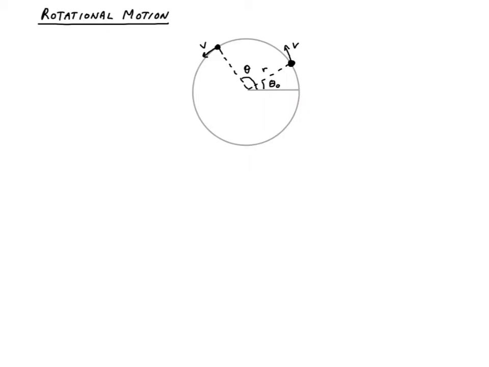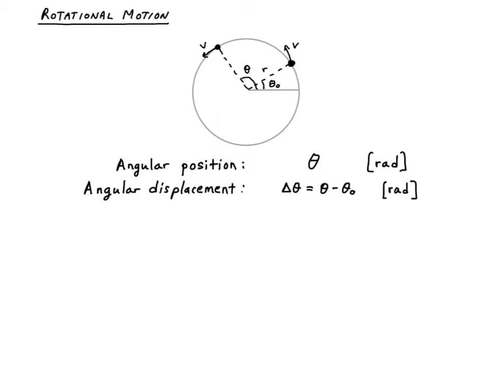For position, we have theta, which is measured in radians, and if the particle goes around in a full circle, then theta is 2 pi. For displacement, we would have delta theta, which equals theta minus theta naught. For angular velocity, we would have the time rate of change of theta, which is given by the Greek symbol omega, not w, but omega, and this is given in radians per second.